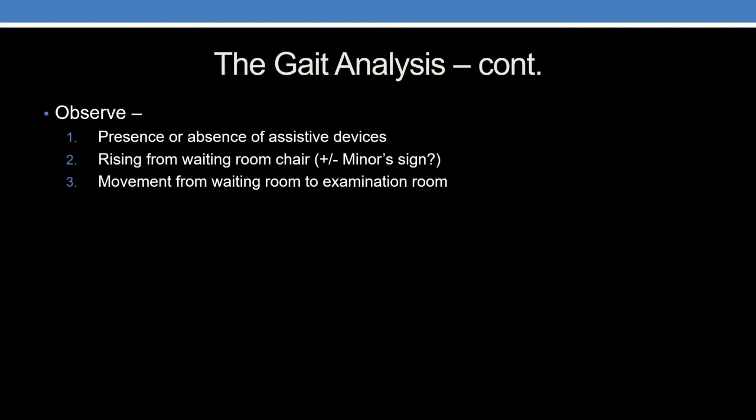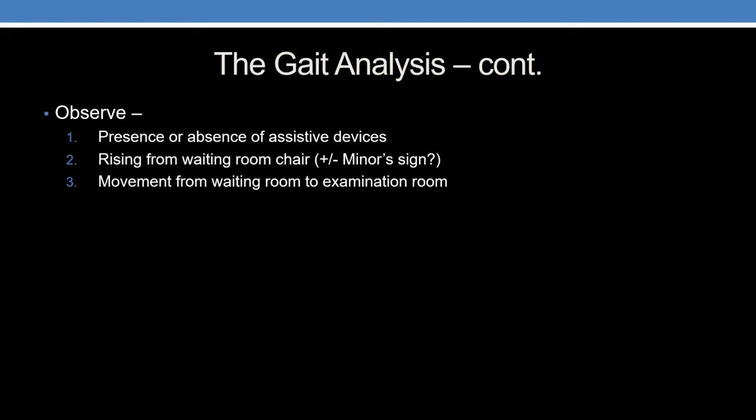And then finally, you want to observe the examinee as they move from the waiting room to the examining room. What I generally do is when I meet the injured worker, I'll go out and shake their hand, introduce myself, and look them in the eye, and then I'll motion for them to come with me back to the exam room. I'll take a couple of steps backwards, walking backwards, that is, to give them space to get out of their chair, and then I'll continue walking backwards towards the examination room as they follow me.